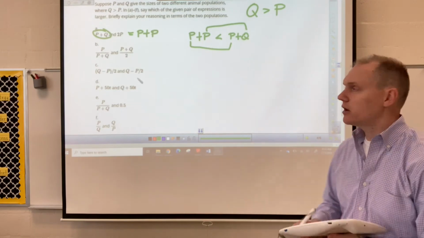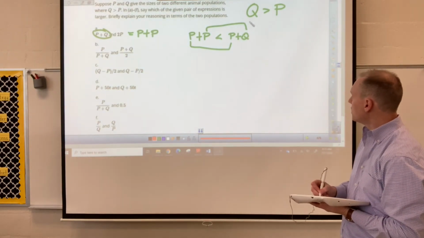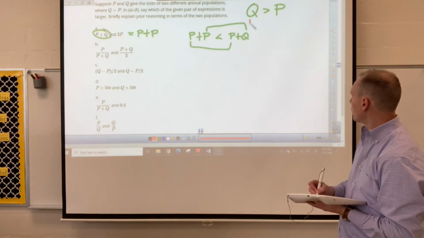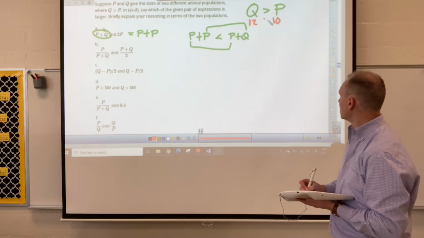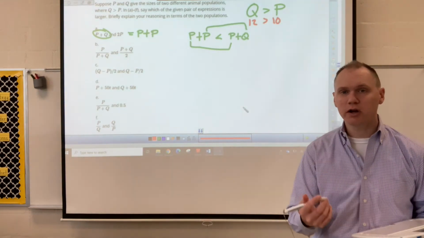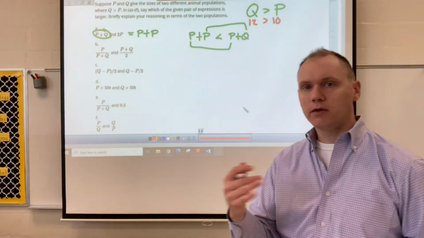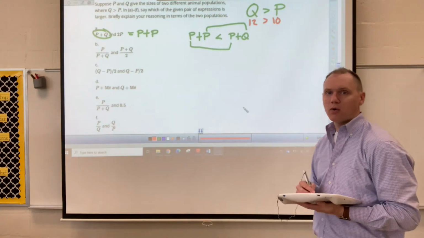If you pick some values, maybe we'll pick q for animal population. Let's say that is 12, and p is, we'll say, 10. So we're just going to pick some values here. And this is a great strategy for things like ACT, SAT. If you're comparing values, maybe just pick some numbers and see what happens.